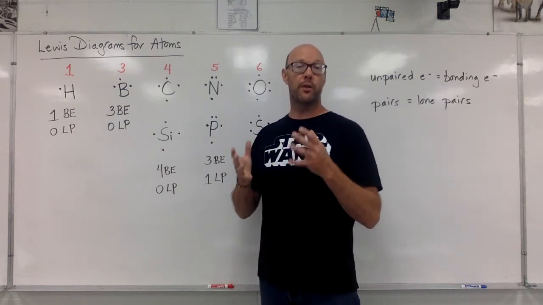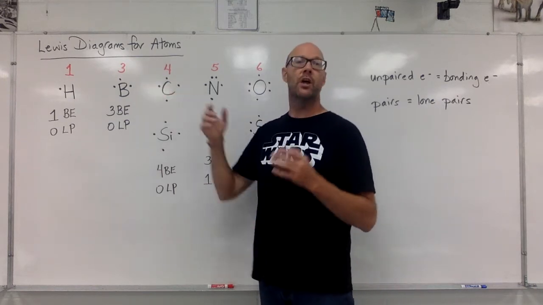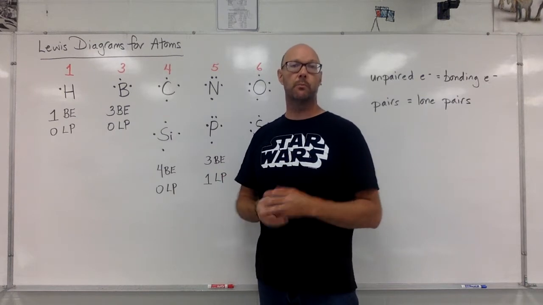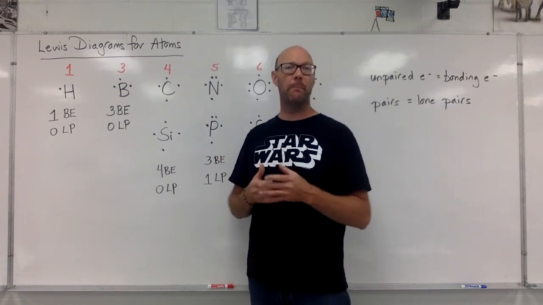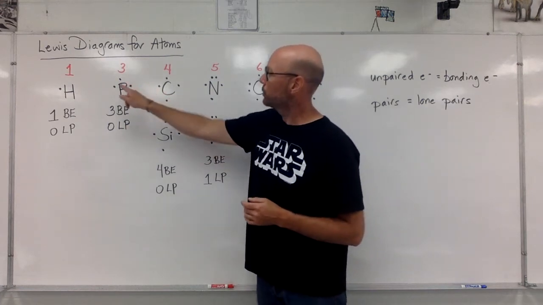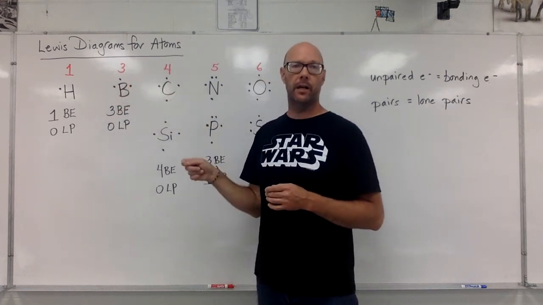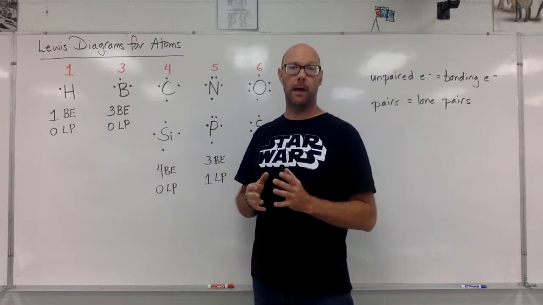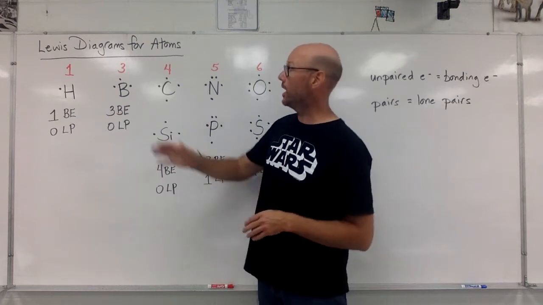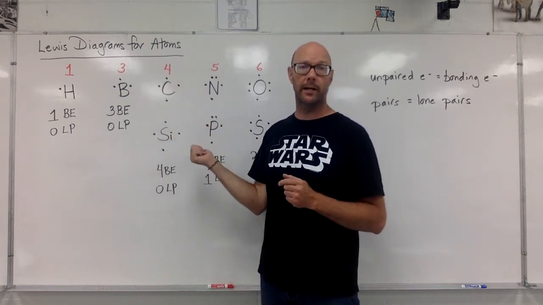Boron is in group 13, which means it has 3 valence electrons. We've got to put 3 dots on this diagram. We can't pair them up until each side is occupied, so we have 3 unpaired electrons. Again, the orientation of these dots doesn't matter. I have them on the left, top, and right-hand side.